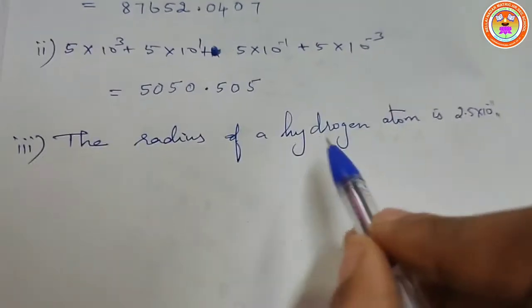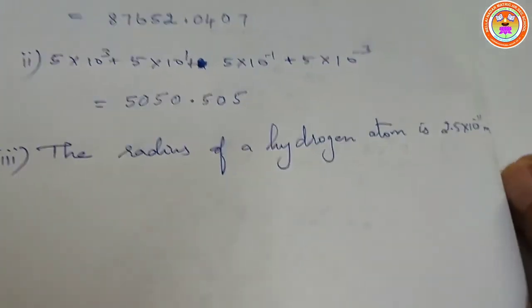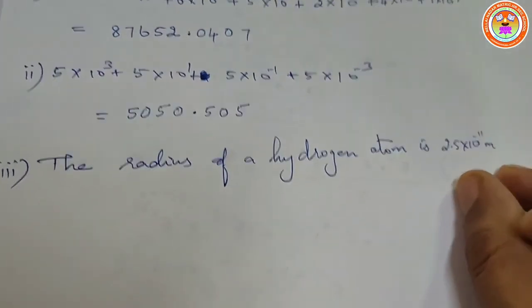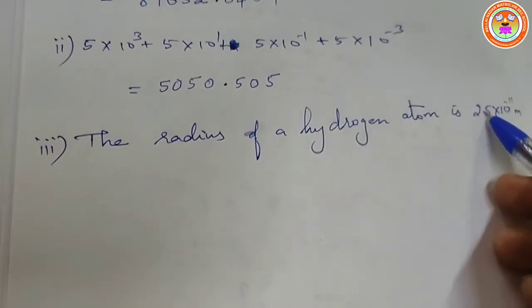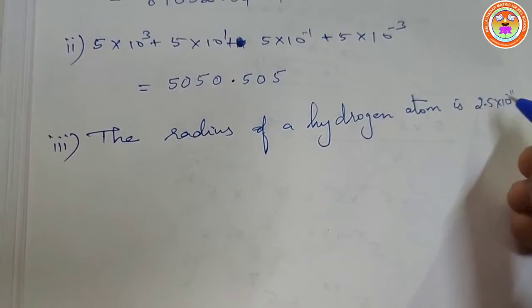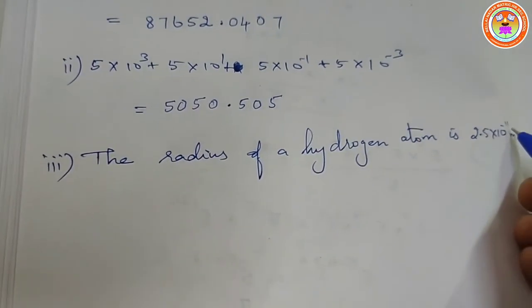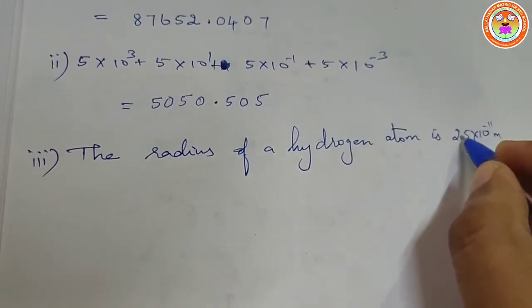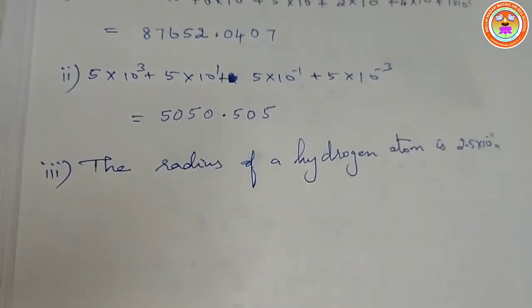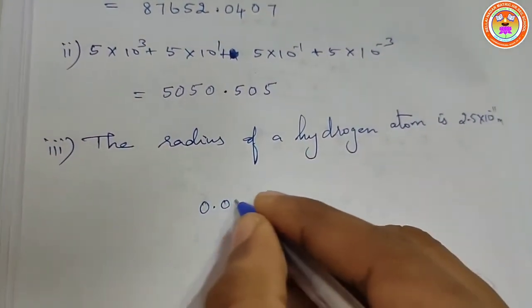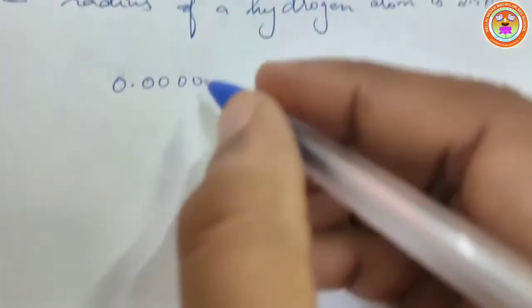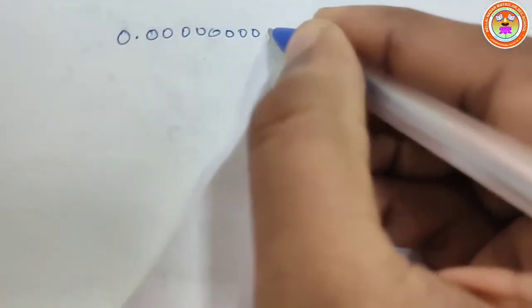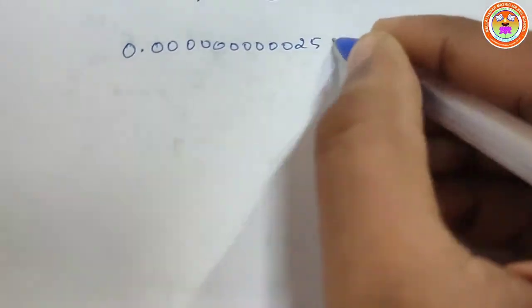The radius of the hydrogen atom is 2.5 into 10 power minus 11 meter. That means the point has to move to the left by 11 digits. So you will get 0.0000... it moves 1 2 3 4 5 6 7 8 9 10 11, 25 meter.